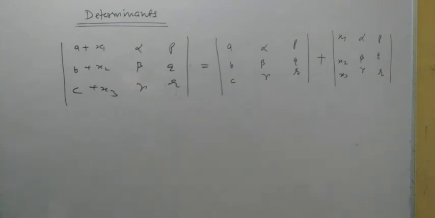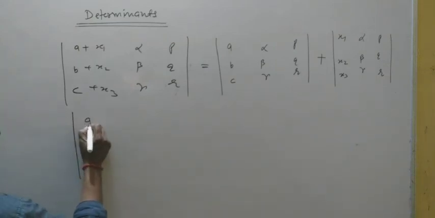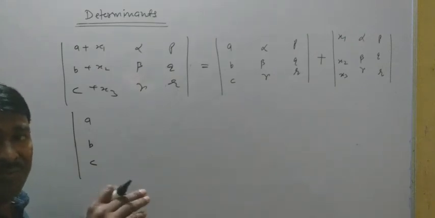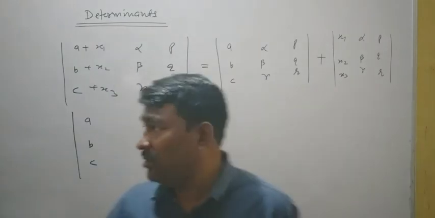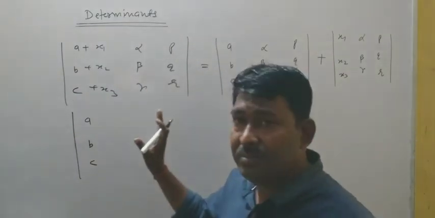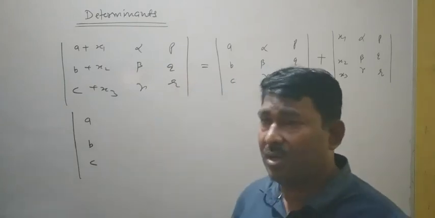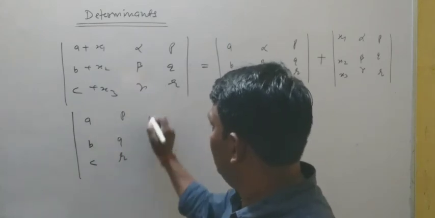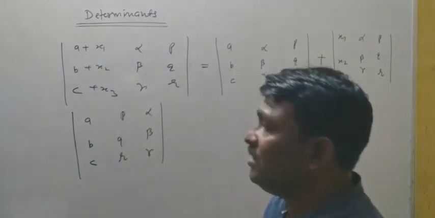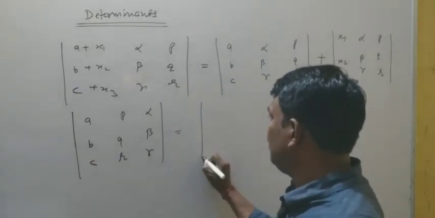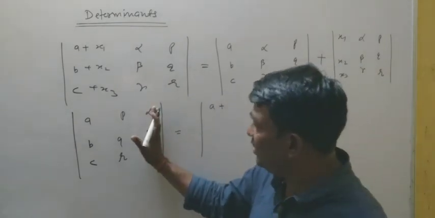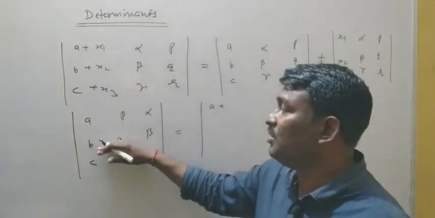Now another important property is that if all elements of any row or column are added with some common multiple of any other column or more columns, just like suppose a b c, p q r, alpha beta gamma, you have a determinant like this, then its value will be unaltered even if you add any one column into another column, or any one row into any other row.